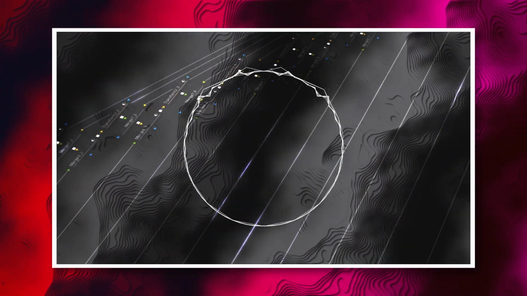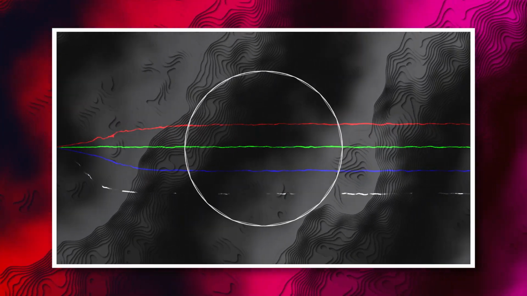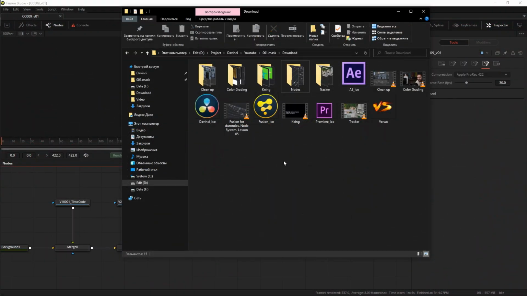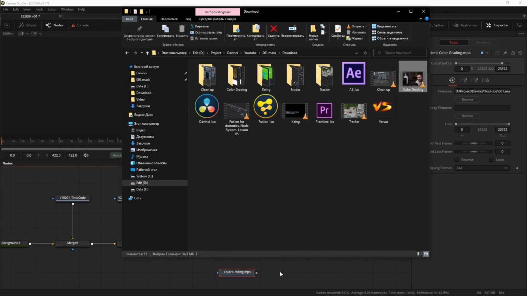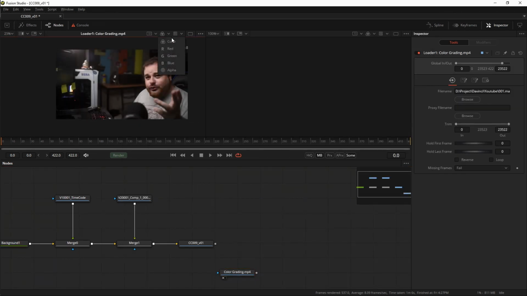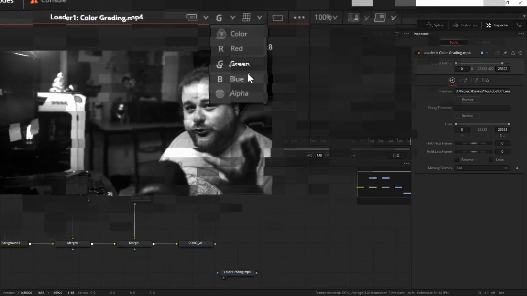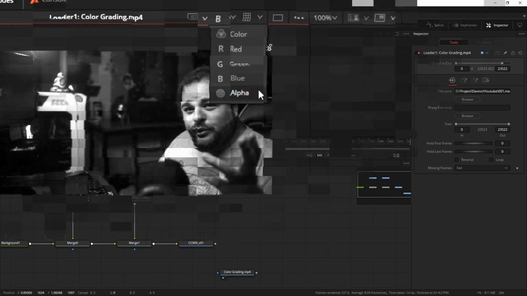We have the signal, and this signal, stream, flow, is divided into 4 channels at least: red, green, blue, and alpha channel. Every single video we add into Fusion contains 4 channels. Even if there isn't an alpha channel, Fusion adds it as a totally white screen.